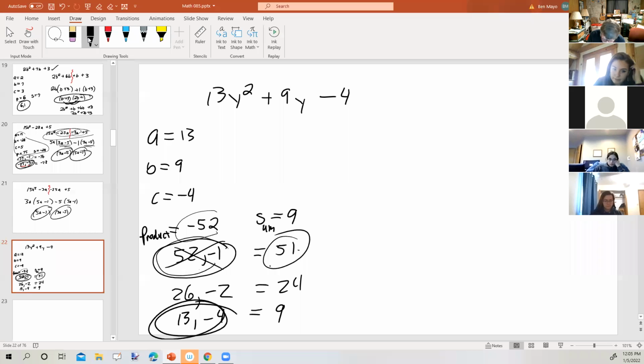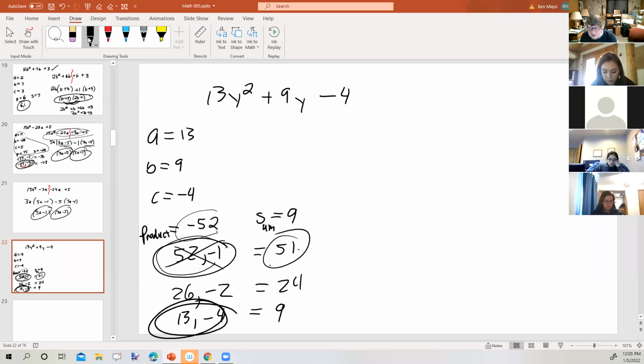Aha, bingo. Now, this doesn't always work. I don't always hit on the exact pair of numbers doing this, but if I don't hit on them, I'll go past them. And then I'll have something too high and something too low, and we can work on what's in the middle. And when one of those comes up, we'll talk about that.